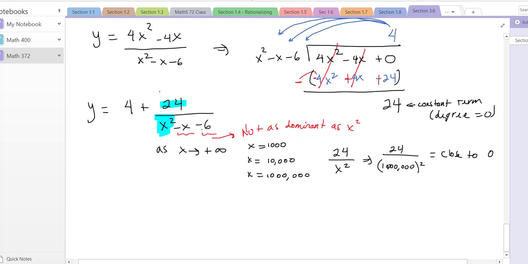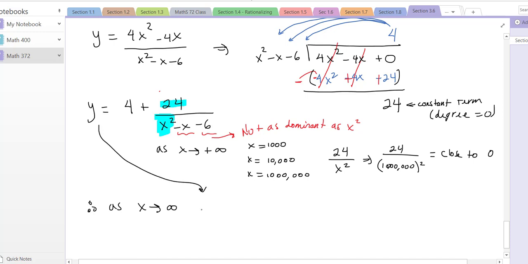So as x goes to infinity, what is this quantity looking like? y is looking like 4 plus 24 over x squared, which is going to 0. So y equals 4 is our horizontal asymptote.